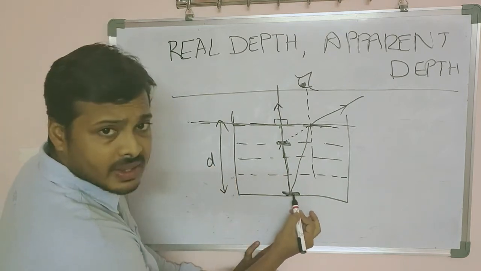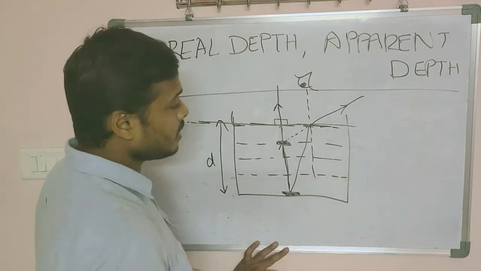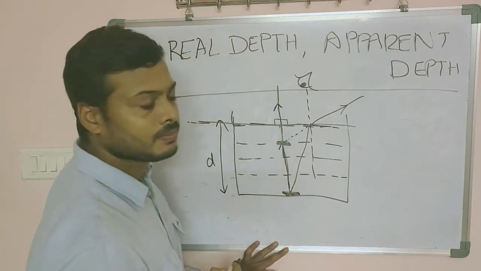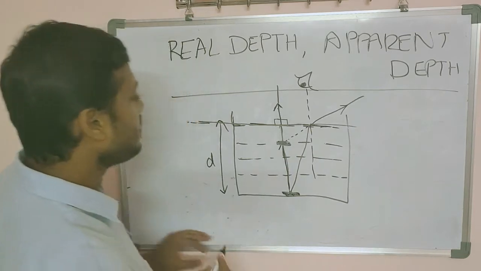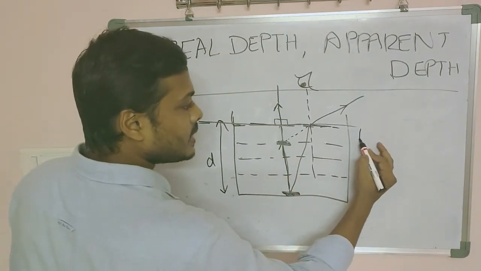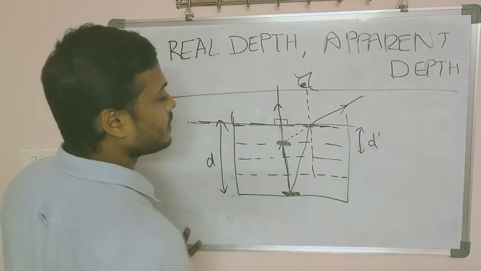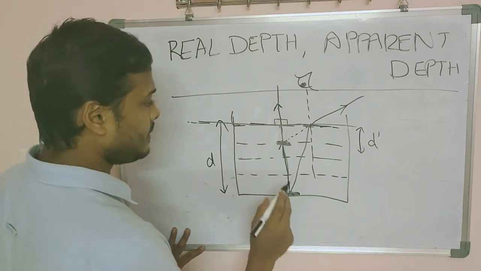Actually the coin is here, but because of the phenomenon of refraction, this coin is appearing here, which is somewhat nearer to the surface. Now let this apparent depth be d dash.